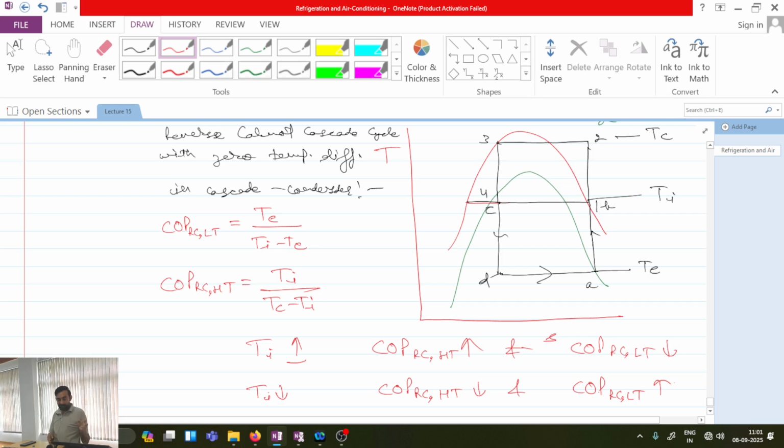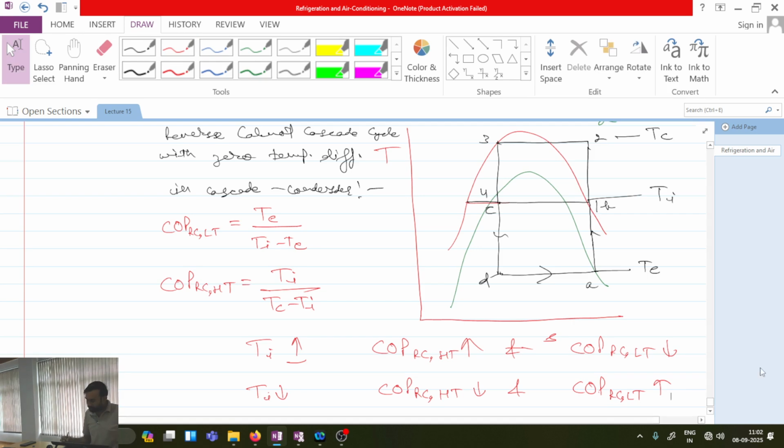So it means that Ti will have some optimum value where both the COPs can be equal, and if I deviate from that value either in the positive or negative direction, then one COP will increase and the other COP will decrease. So the most ideal situation is that we should reach a condition where both the COPs of LT and HT are the same.